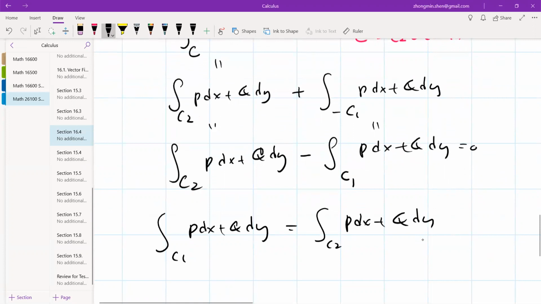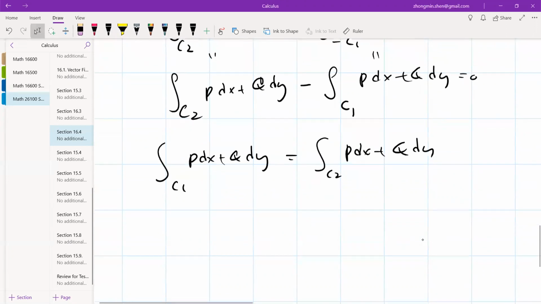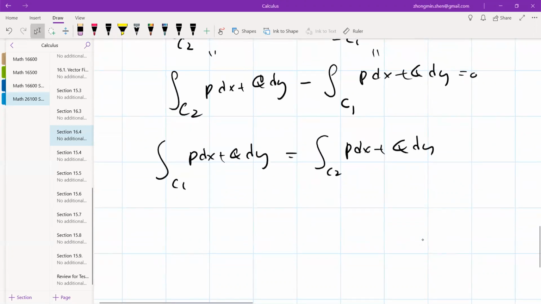Okay, so let me summarize that. Here's a theorem, we conclude it.